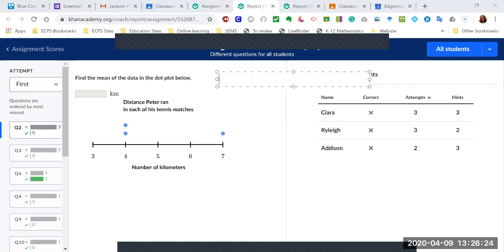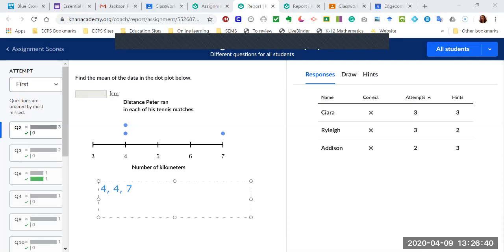So for this set of data, we're going to have 4, 4, and 7, and those are the only numbers we have. So to calculate mean, you're just going to add them up and then divide by 3 since there's 3 numbers. So 4 plus 4 is 8, plus 7, which is 15.